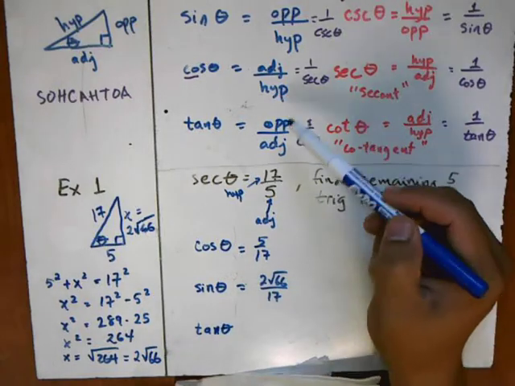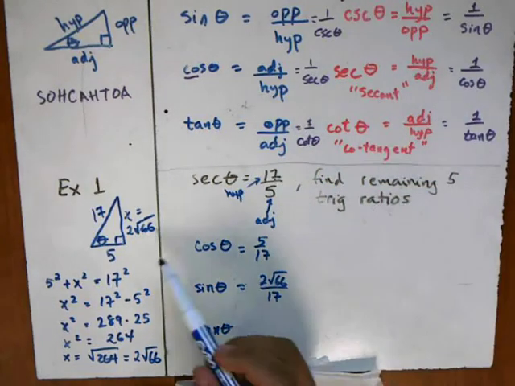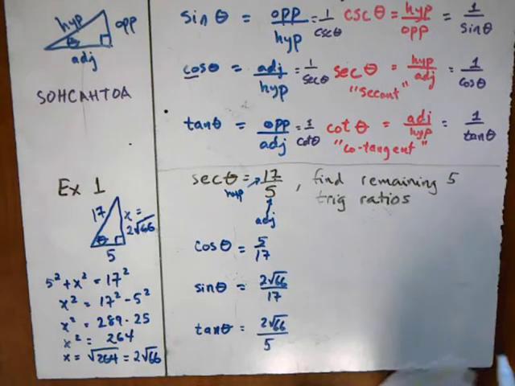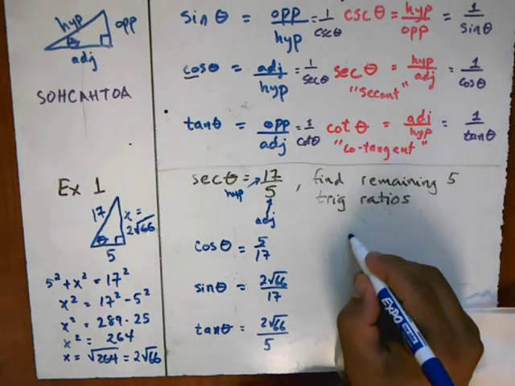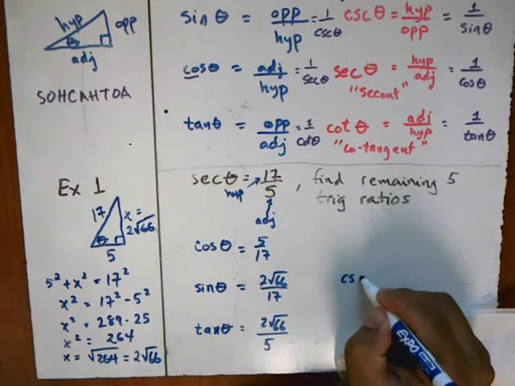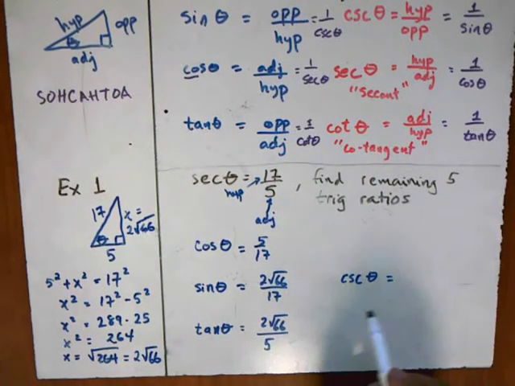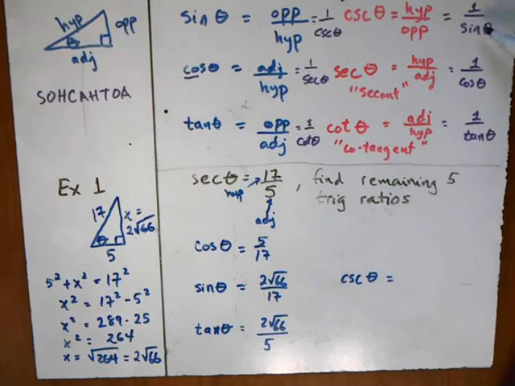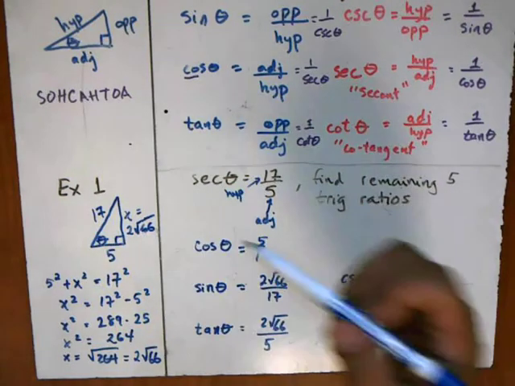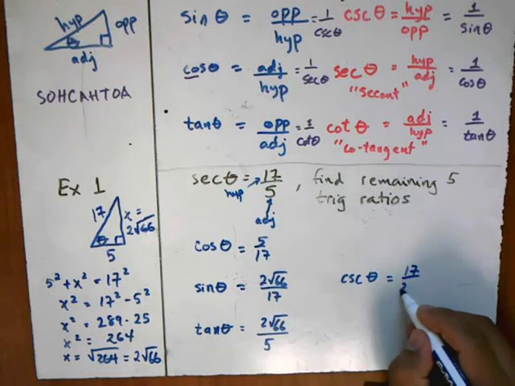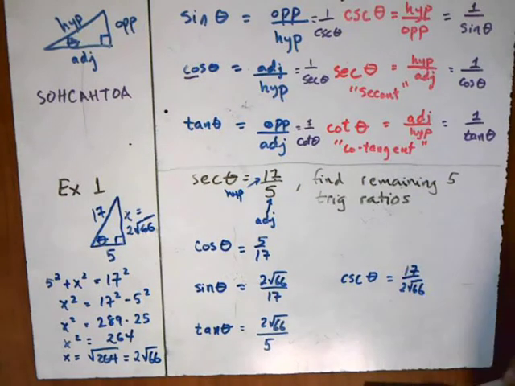Tangent is opposite over adjacent, so opposite is 2 square root of 66 over the adjacent side, which is 5. And then I need to find the cosecant, and I'm going to write it next to the sine here just so that I help myself remember. Cosecant is just the reciprocal of the sine function. It's the hypotenuse over the opposite, so that's 17 over the opposite, which is 2 square root of 66.